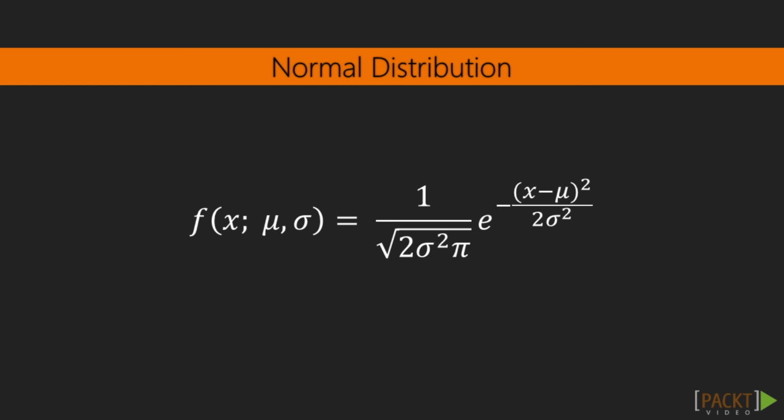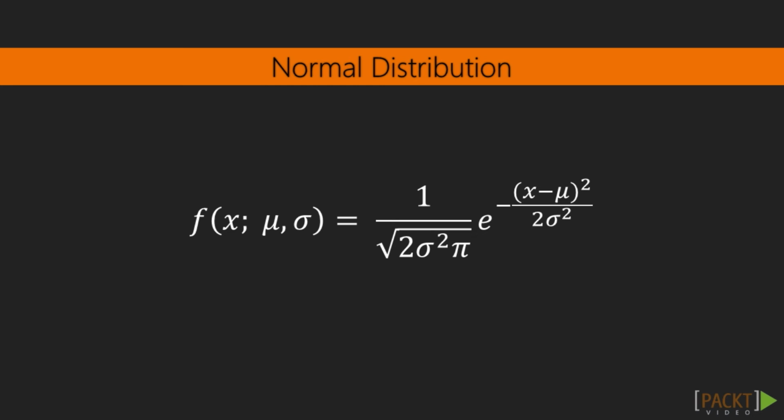I realize this formula is intense if you've never seen it before, but focus in on the parameter side instead of the actual formula side. There's only three parameters: x, mu, and sigma. X is the dataset which represents the domain. Mu represents the mean, where we want the mean of our dataset to be. And sigma represents the standard deviation, or how thin or wide we want our dataset to be.